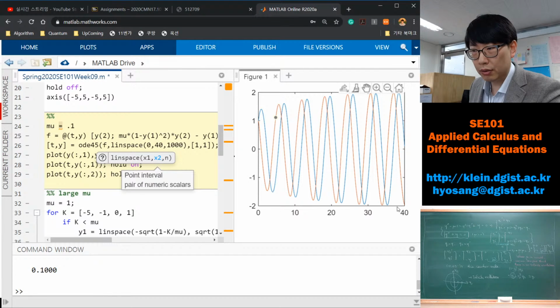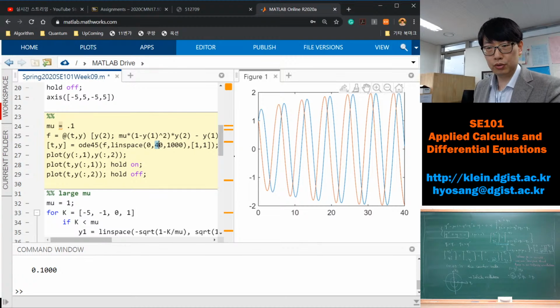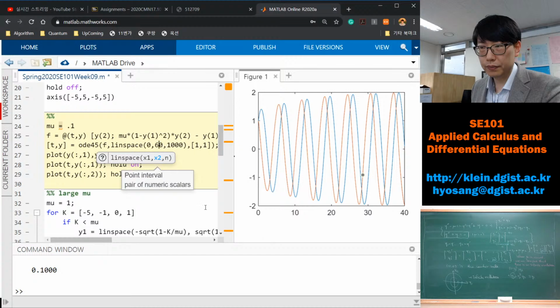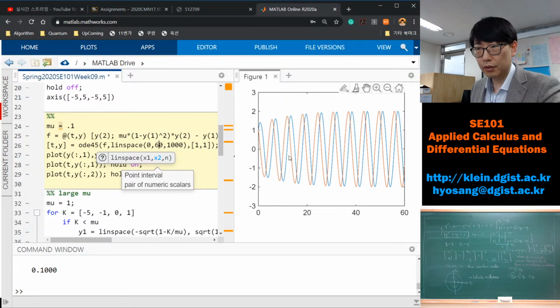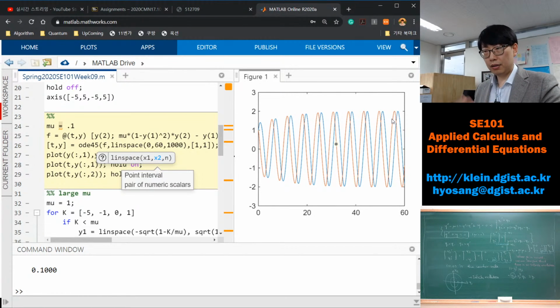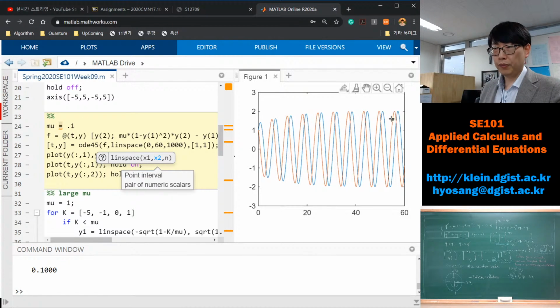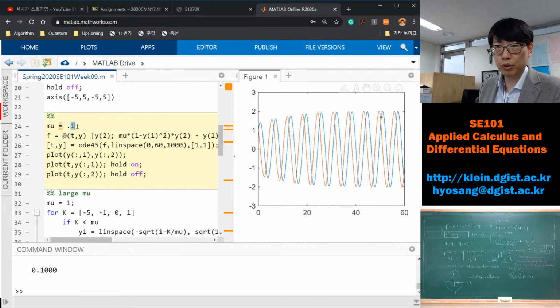So at some point it is saturating. So let me change to 60 here. So you see, after 20 or 40 units of time, the amplitude saturates. So it's like movement on the circle. So it becomes a circular movement in this case, when mu is very small, 0.1. If mu is not small, then it's not a circular curve.